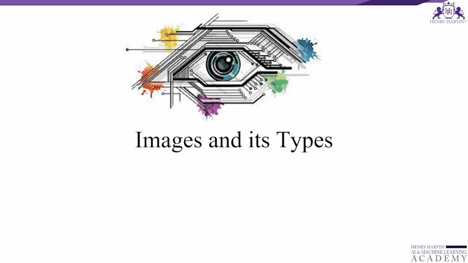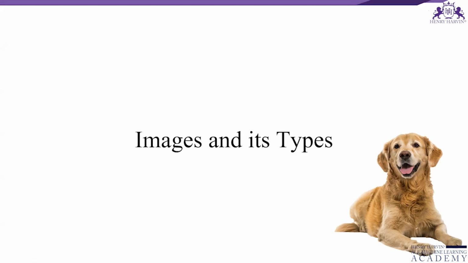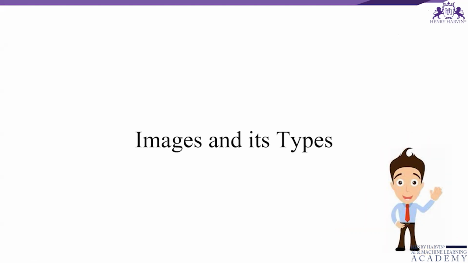Say, for example, you are looking at an image. When we look at an image, what do we see? Whether there is a cat or a dog or a human, what the dog is doing, what the human is doing. This is what we try to interpret from the image. Am I right?